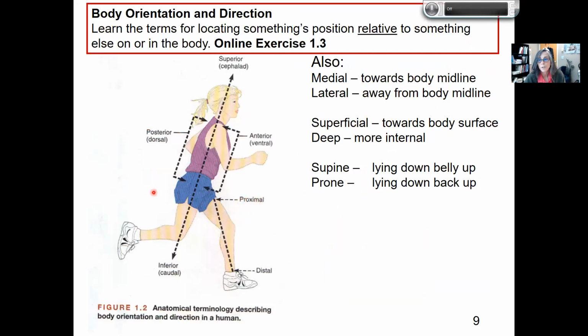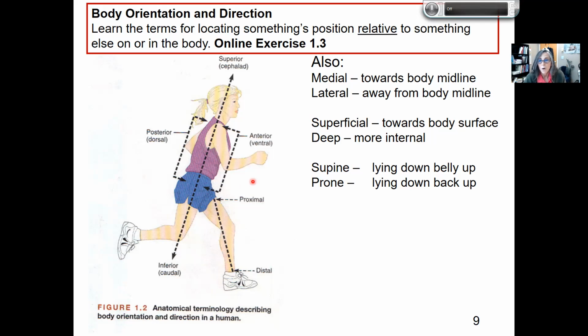This is the one that I've been asked about. How do we know when to use what? It is true in certain circumstances that you can use things more than once. However, what's important is what I'm going to tell you now. Let's look at it in parts. First of all, anything that lies in the middle of the body is medial.